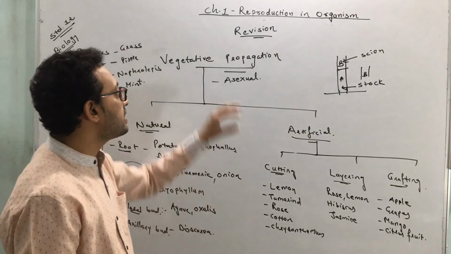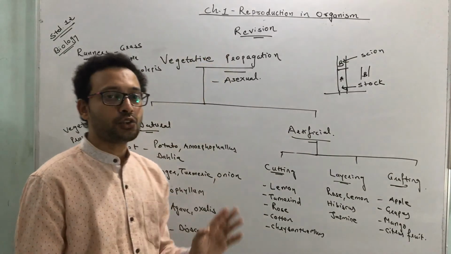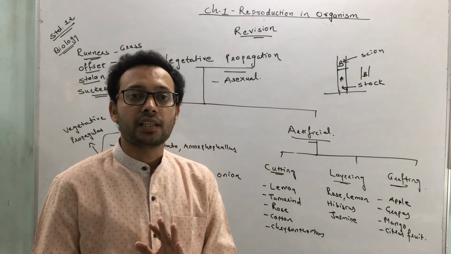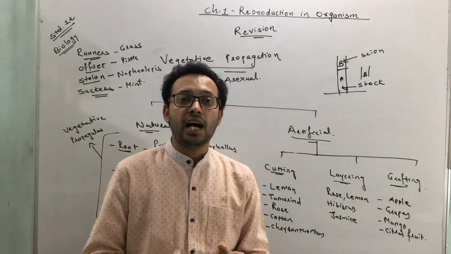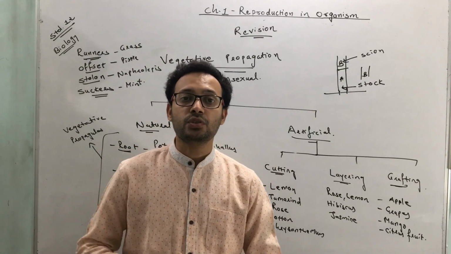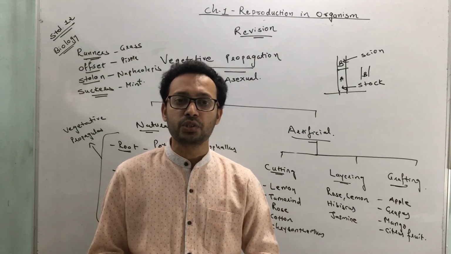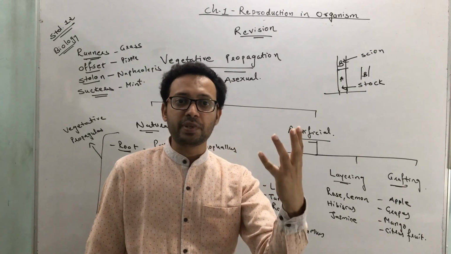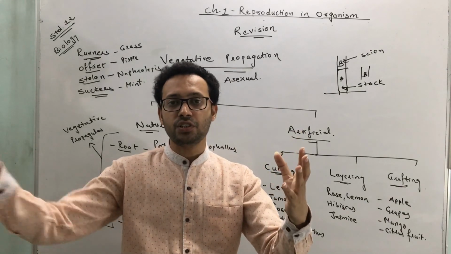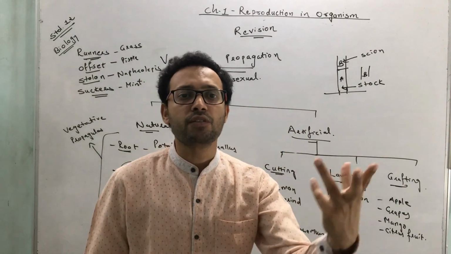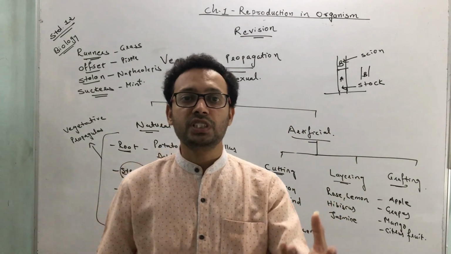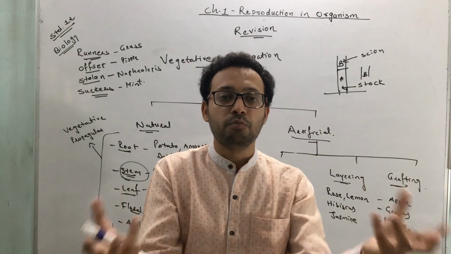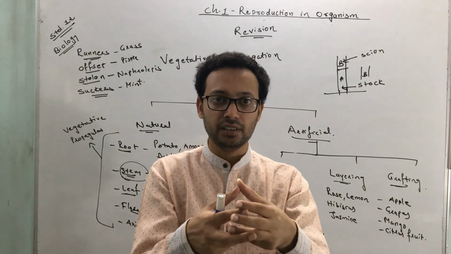Apart from that, vegetative propagation is a kind of asexual reproduction, where only one parent is involved. So the characteristics are maintained from generation to generation, because exact copies are produced. Like if you have a very good variety of mango and you want to preserve these characters from generation to generation, you should not go for sexual reproduction, because in sexual reproduction the characteristics of both parents get mixed.